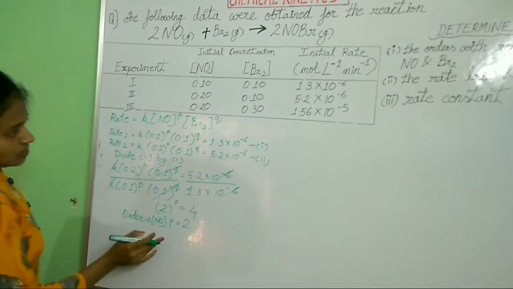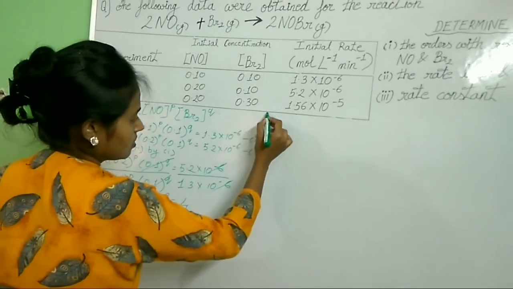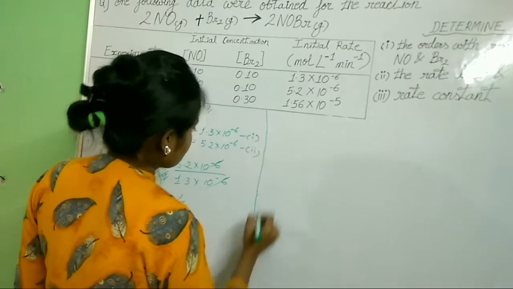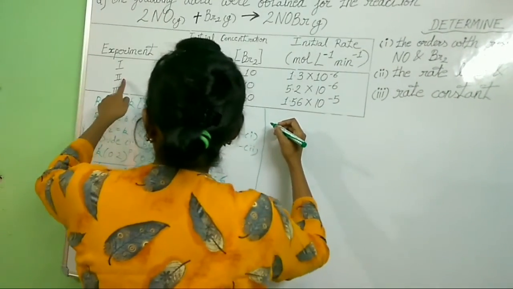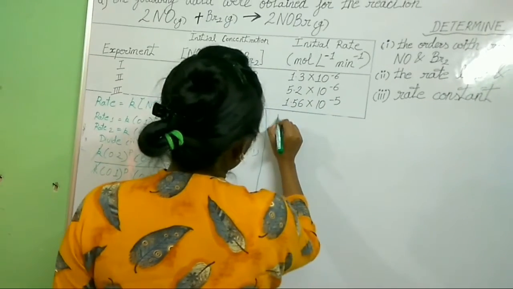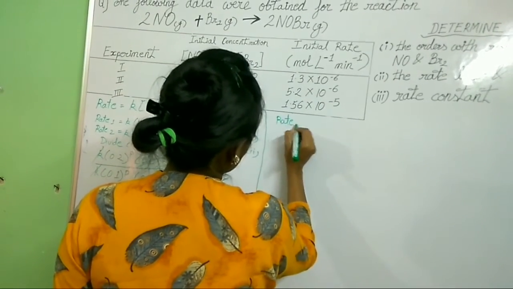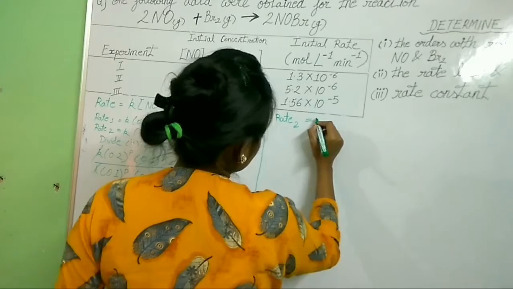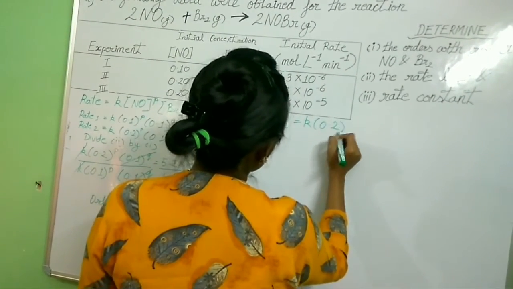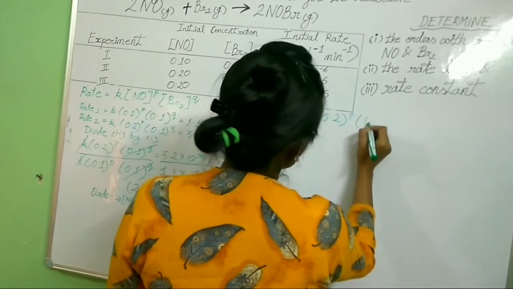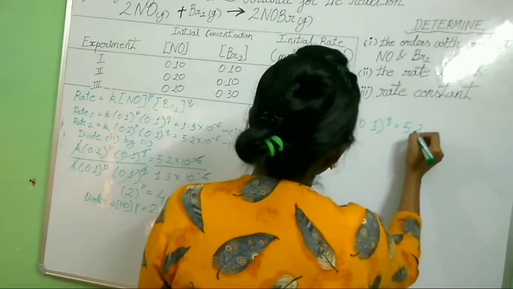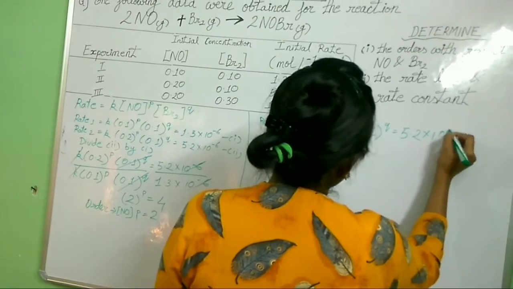Now let us find out the order for Br2. So let us see the data given for experiments 2 and 3. Rate 2. What is the rate 2? How to write down the equation? K[0.2]^P[0.1]^Q equal to 5.2 into 10 to the power minus 6.